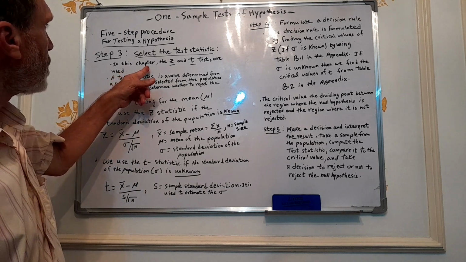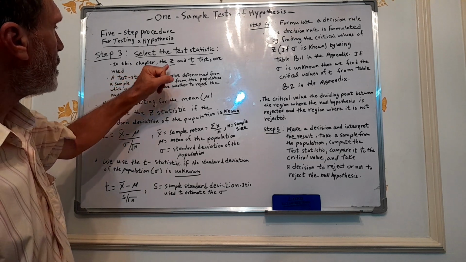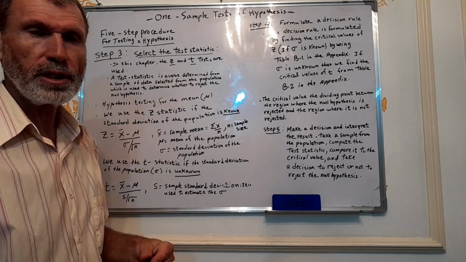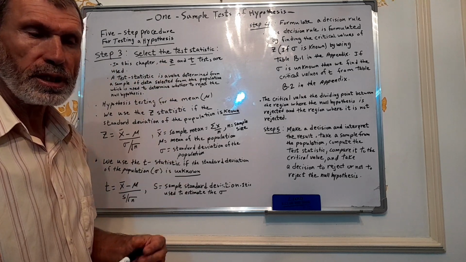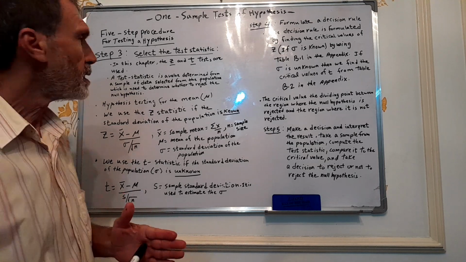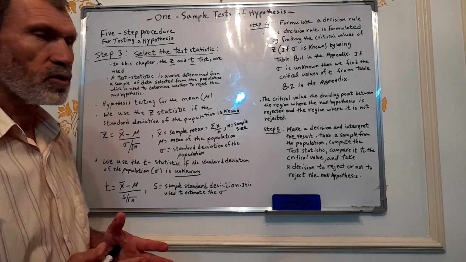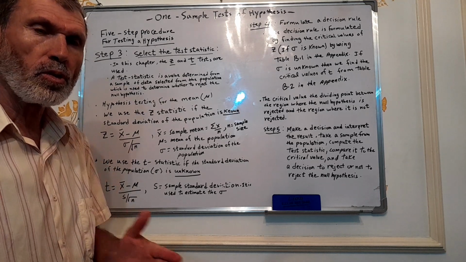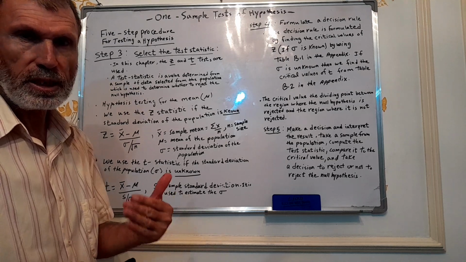In this chapter, the Z and T tests are used. Here we're going to be using either the Z test or T test. Of course, that depends on whether the standard deviation of the population is known or unknown, as we will see shortly.